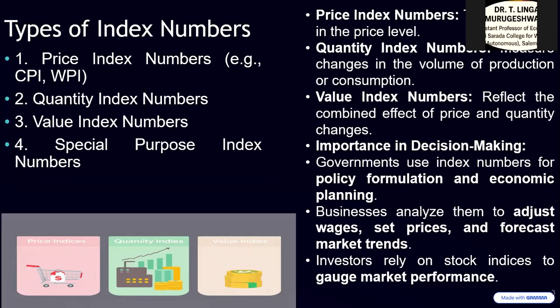Third one is value index numbers, which combine both price and quantity changes. Example is total revenue from goods sold. Special purpose index numbers are made for specific studies like Human Development Index. These help governments, businesses, and investors to make informed decisions.